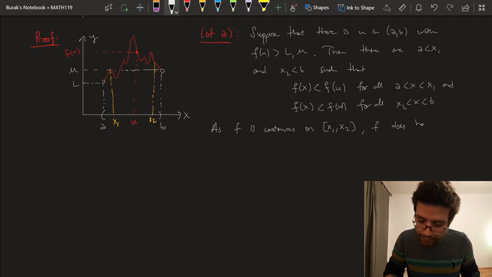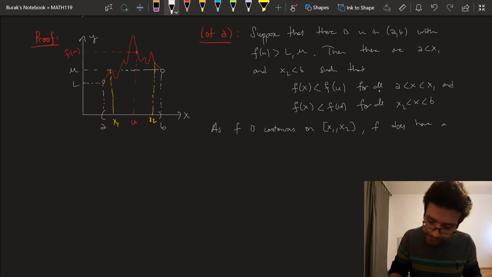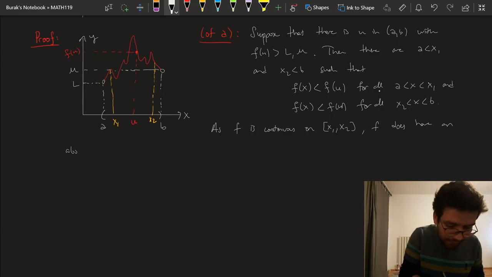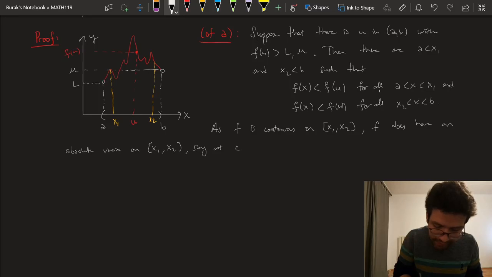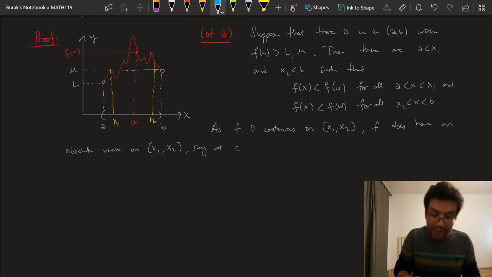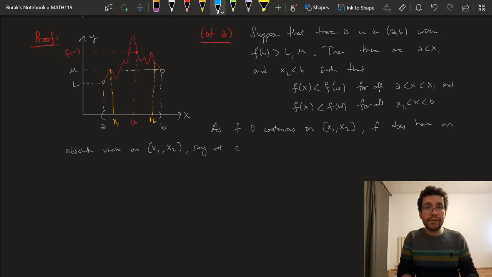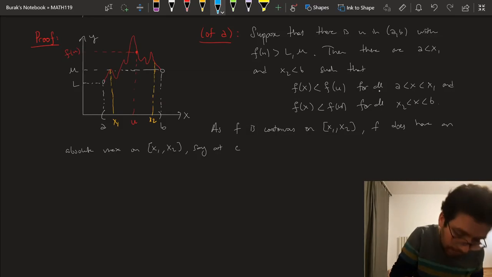f does have an absolute max on [x1, x2], say at c. Because this is a closed and bounded interval and f is continuous, f does have an absolute maximum.